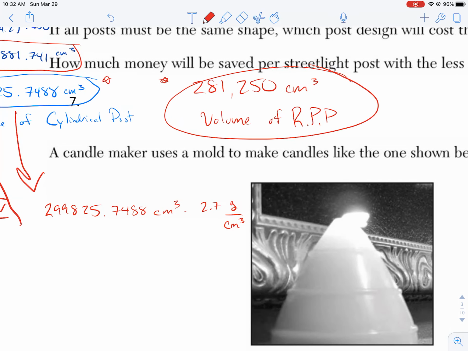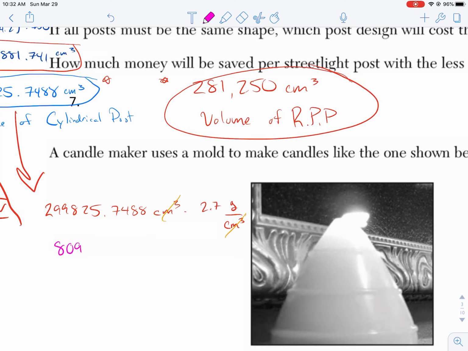Okay, and as you can see, I put grams over centimeters cubed, because what happens here is when you multiply these two pieces, your centimeters will cancel, and then you're left with a mass. 299,825.7488 times 2.7.